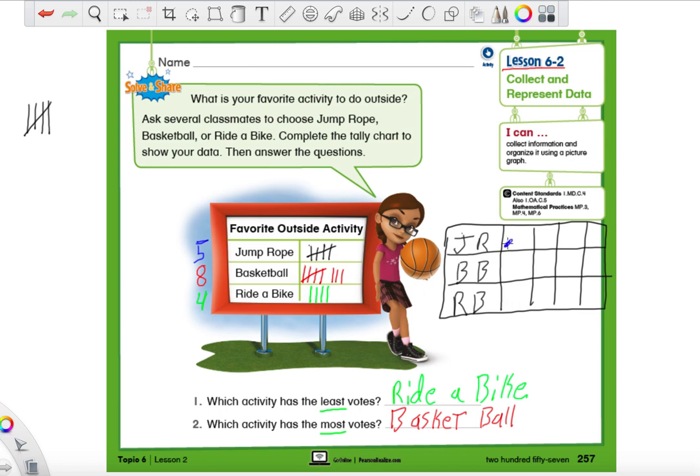Make a little blob here, and then squiggle, and then a little blob. And look at that, I made a super easy jump rope. But when we have a picture graph, we have to make sure we draw one picture for every one vote. So if we had 5 votes for jump rope, how many do we need to draw? We need to draw 5. So let's go ahead and do that.